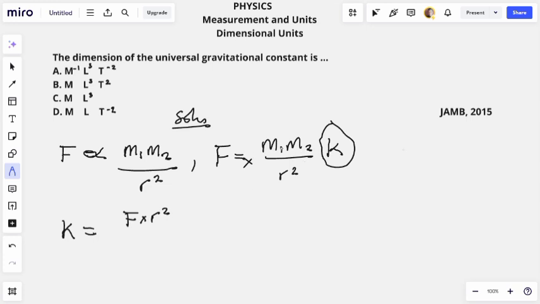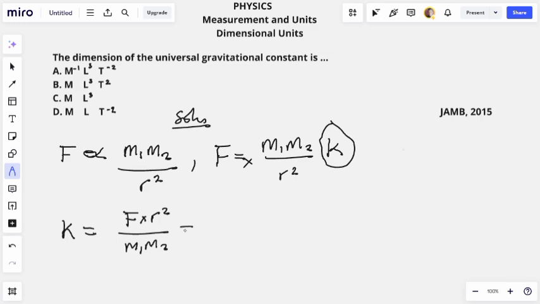And since m1 m2 is on the numerator, if you divide both sides by m1 m2, that is divided by m1 m2, making k the subject of the formula. So now we've successfully made the gravitational constant the subject of the formula. What we are now going to do is derive the dimensional unit for this constant.